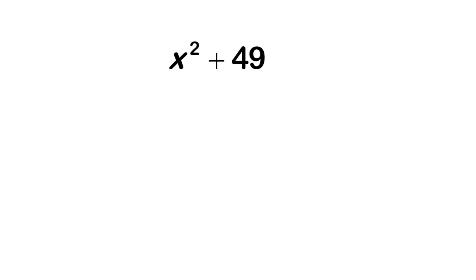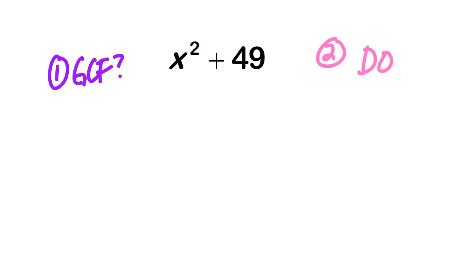So remember, step 1 is to check for a GCF. And then step 2, check for DOTS. So can I have righties, tell your partner, do I have a GCF? And then lefties, do I have DOTS?